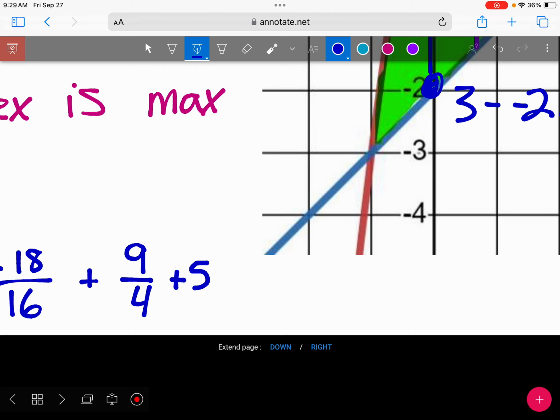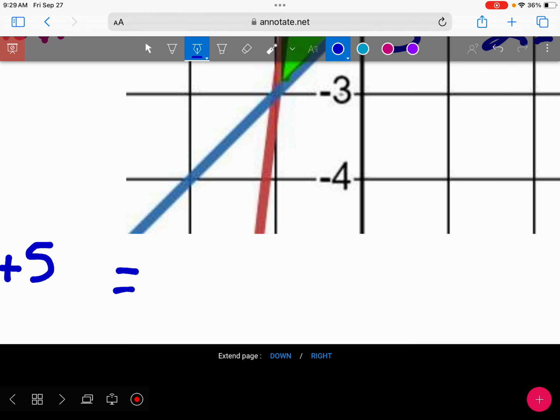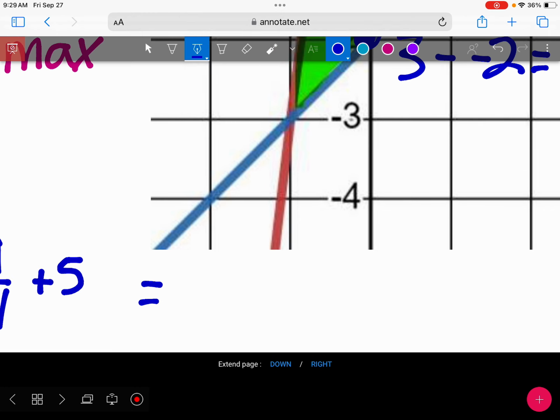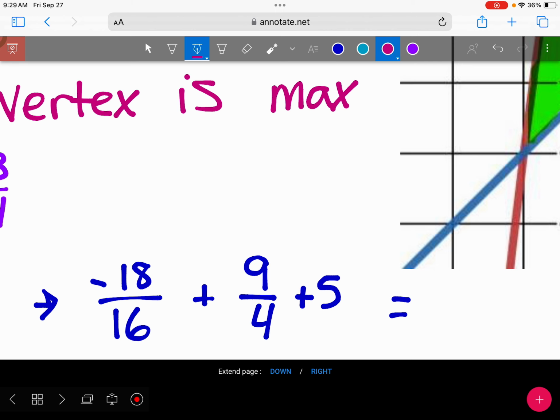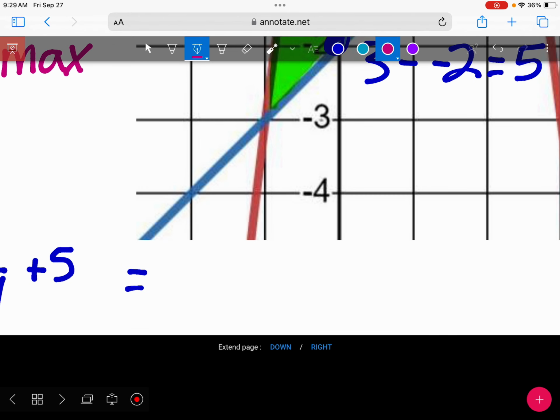So what is our least common denominator between all three of those fractions? I'm not going to be able to get my 9/8, because remember this guy simplifies down to be negative 9/8. I'm not going to be able to get that down to be a 4. So our least common denominator, 8.